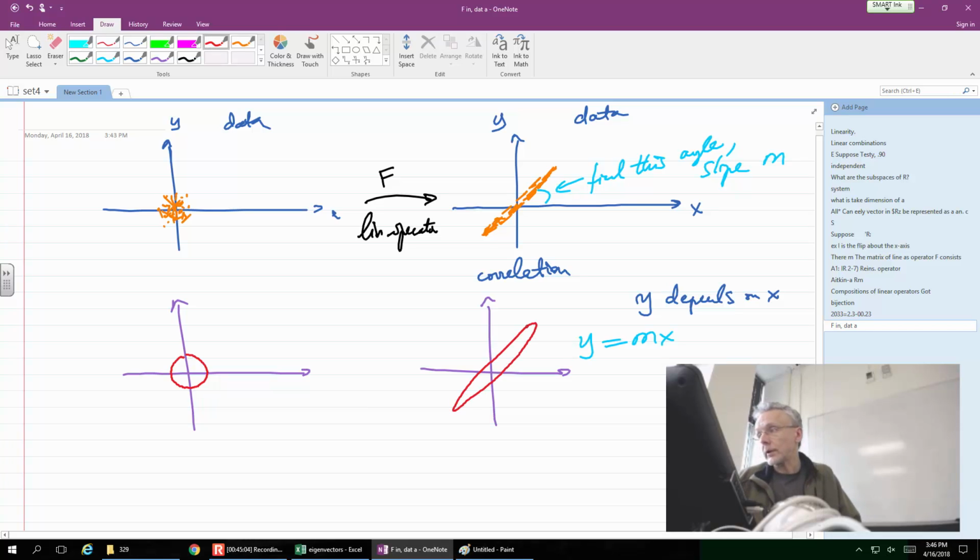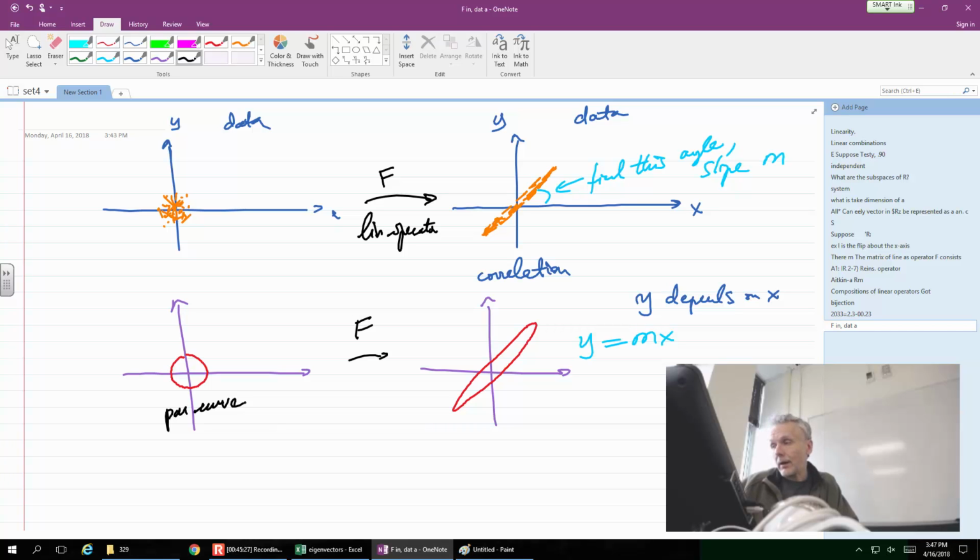We don't really want to think in terms of data, but in terms of the composition of our parameter curve with our linear transformation, which produces a new parameter curve. That parameter curve is weird, and we want to figure out what it is. So what do we do?